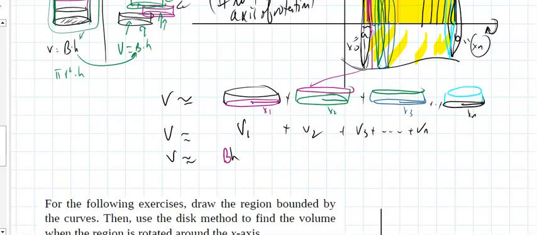Now the height is really delta x, nothing more, plus area of the base times the height, plus area of the base times the height, and the list goes on. Well, first base, second base, third base, nth base.